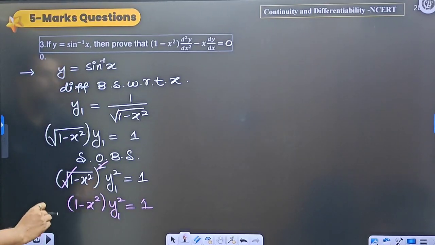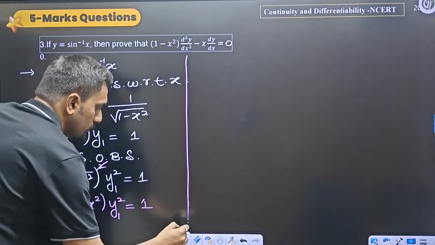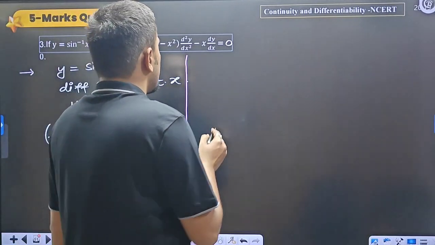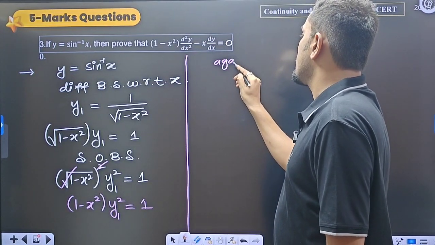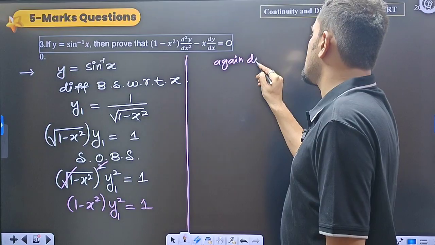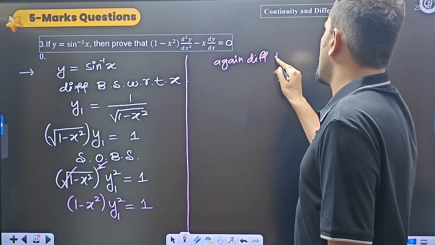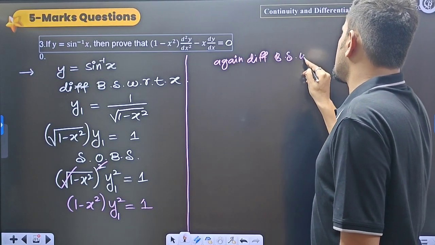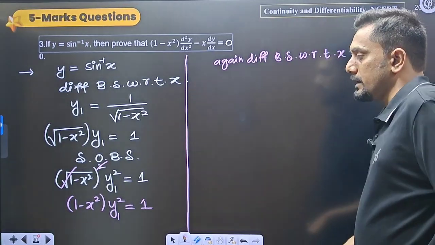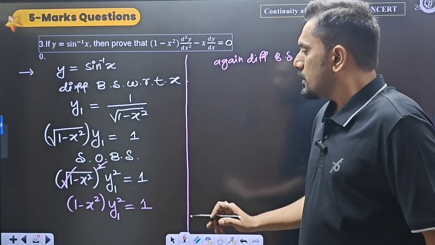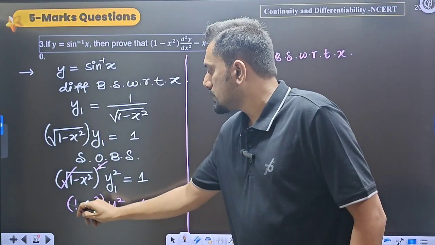Now I need to differentiate this with respect to x again. So let me write again, differentiating both sides with respect to x. While differentiating I should use the product rule.